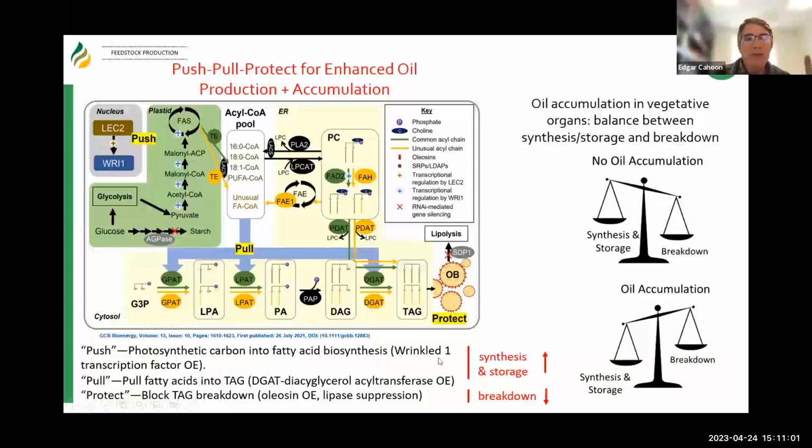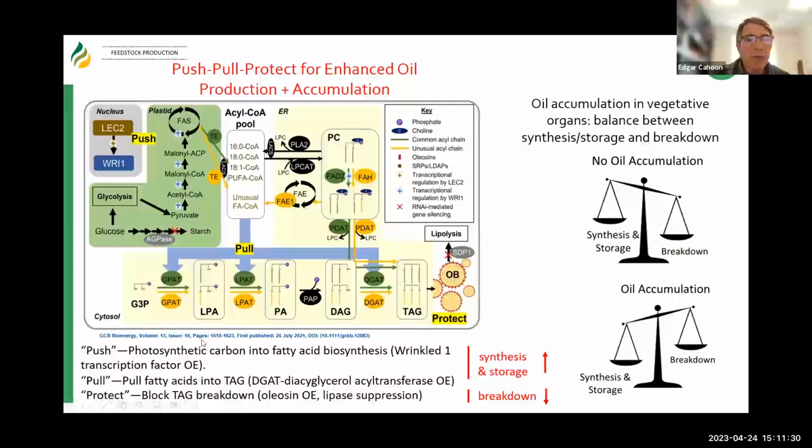The popular way of doing that is to overexpress a transcription factor called WRINKLED1, which turns on the expression of the genes for many of the glycolytic enzymes in the chloroplast, the plastid of the plant cell, and also some of the genes for some of the enzymes in fatty acid biosynthesis. So this is a very effective way for pushing carbon into the production of fatty acids.